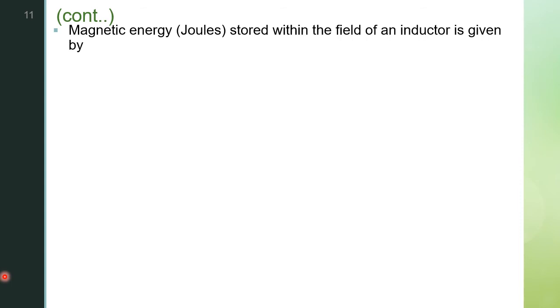So we got the magnetic energy stored in joules within the field of an inductor as half mu H square delta x delta y delta z. So when you consider delta x delta y delta z, it is the differential volume of that structure. So this can be replaced as delta Wm is equal to half mu H square into delta V, where delta V is the differential volume.